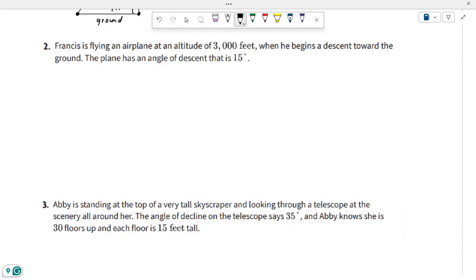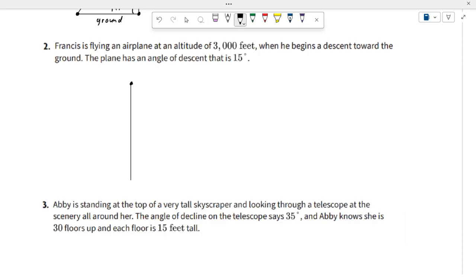So our plane is right there. That's our plane. It's a dot. I am not drawing an actual plane. And we are told that the altitude is 3,000 feet.